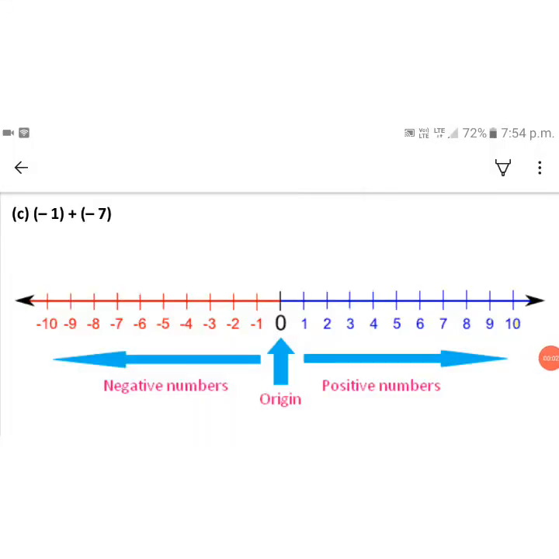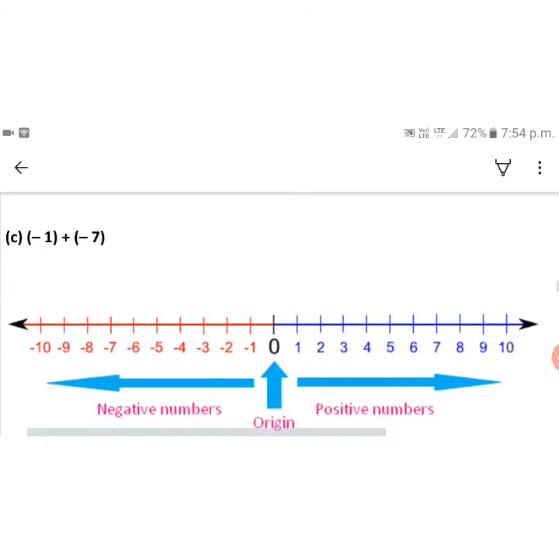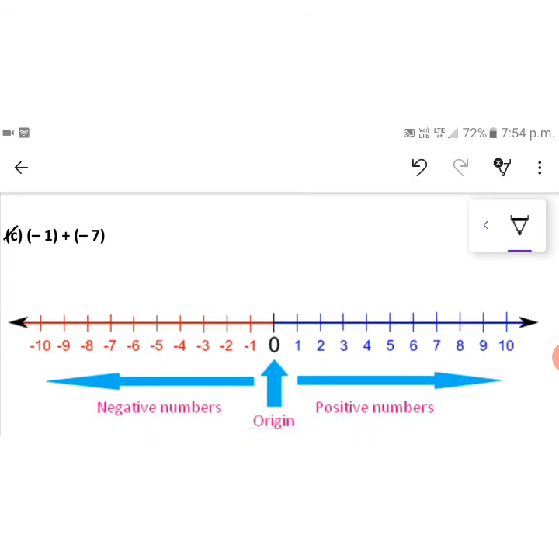C part, minus 1 plus minus 7. First we move 1 step to the left from 0.